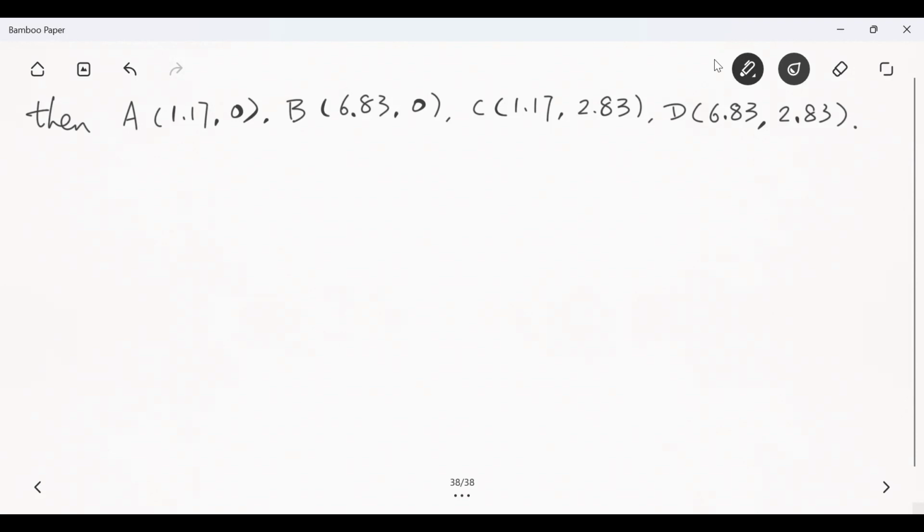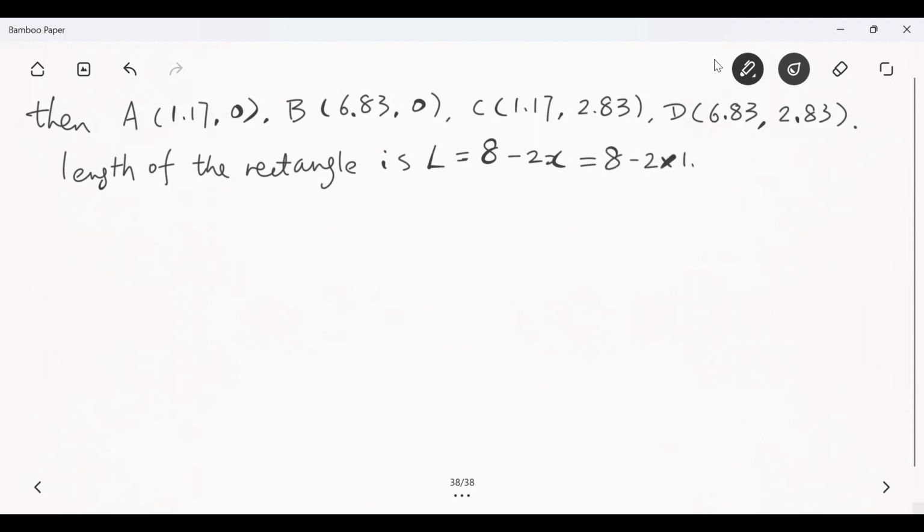Then we know the length of the rectangle is 8 minus 2x, equal to 8 minus 2 times 1.17, which is about 5.66. And the width of the rectangle is 2.83.